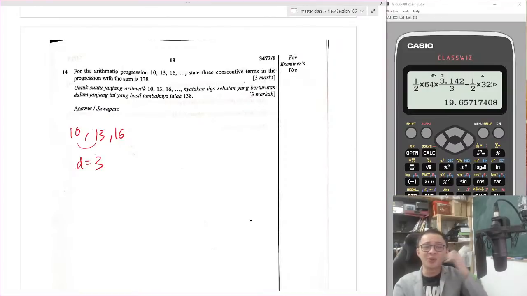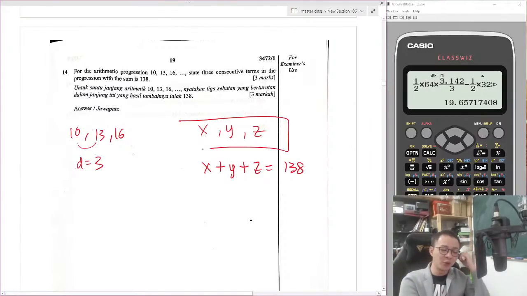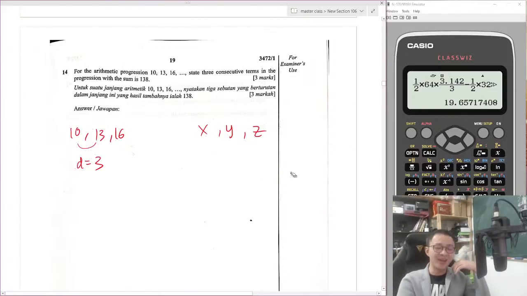There are a few ways you can do it. Of course, the easiest way is I assume I have x, y, z. So these 3 terms, x plus y plus z, I will get 138. But I do not know which term it is. So the easiest way is we assume x is our first term, so this is a.